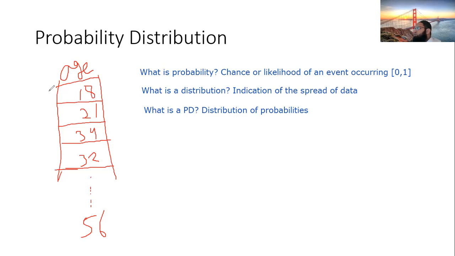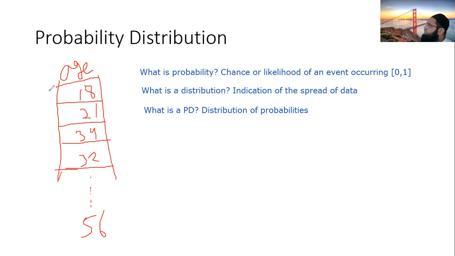Understand? That pattern of occurrence is something that we have to check. That pattern of occurrence is called the probability distribution. So almost all the numerical data in the world that is being recorded follows one or more probability distributions.